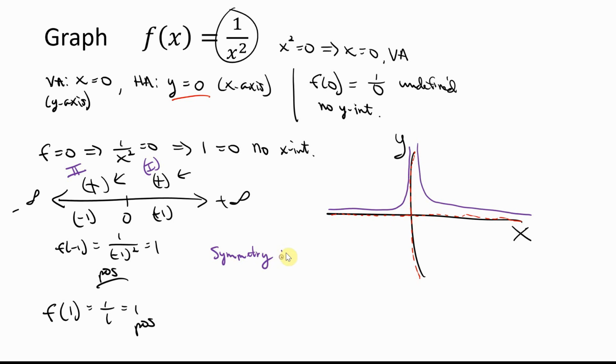So we look at symmetry in terms of what happens with f of negative x. If that gives us f of x, then we say it is symmetric with respect to the y-axis.